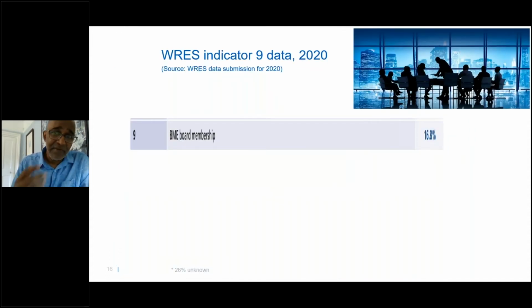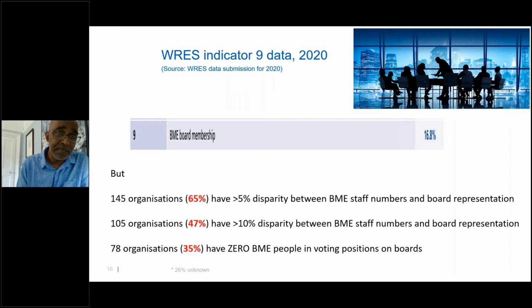Representation matters. So the latest data is that 16% of board members in England are BME. And you think, well, that compares very well with 21% and certainly would be a big improvement. But if you compare that to the proportion of staff in that organisation, so for example, an organisation which has 20% BME staff should ideally have 20% board membership, but where it's 15%, i.e. 5% disparity, that accounts for 2/3 of organisations.